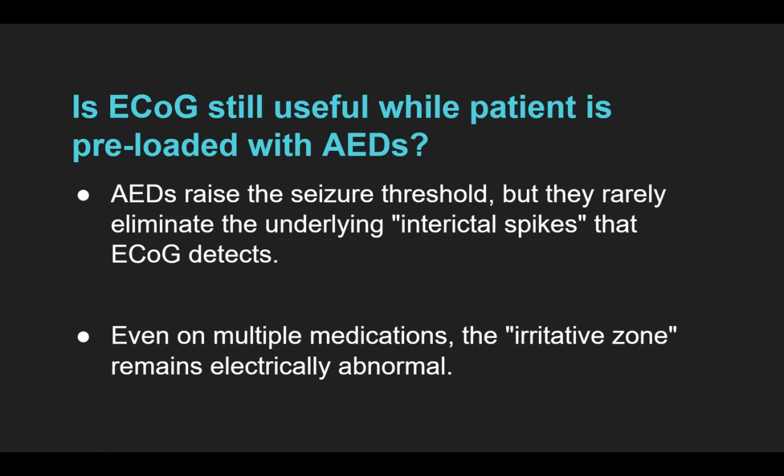Or language, yes, ECoG can be used, but ECoG is mainly used to detect what? Yeah, ECoG is used to detect the interictal spikes, the interictal irritative signals, which are arising from epileptogenic areas.